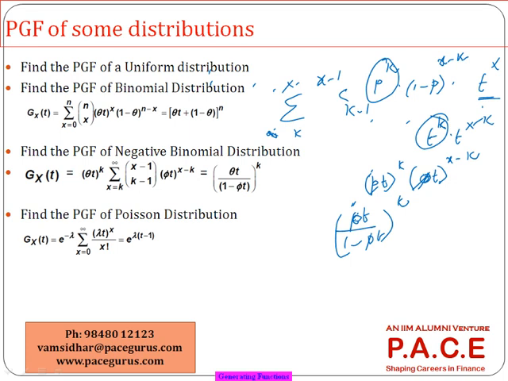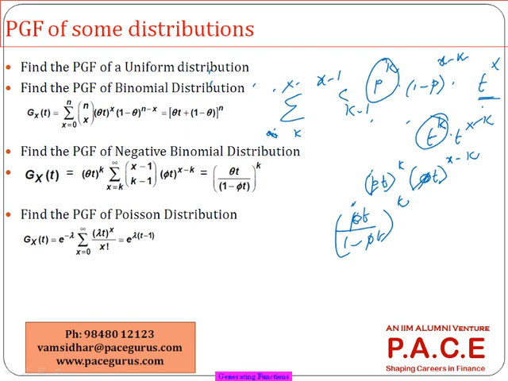So the simple thing is, there will be very rare occasions where he may ask us to derive the probability generating function for something. The most common thing is to use the probability generating function to find out the mean and the variance. That would be the typical application being checked.